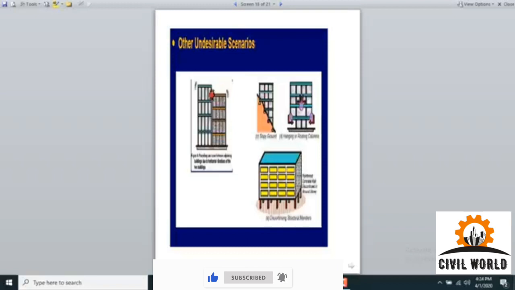time of earthquake. In this figure, a structure has been represented along the contour. You can see the structure is being elongated such that the lower part is not at the uniform bed. We are having foundations at various levels and they have been connected along the contour, and the structure has been raised upon. So there is a greater chance of the collapse of the structure because of the sliding factor.